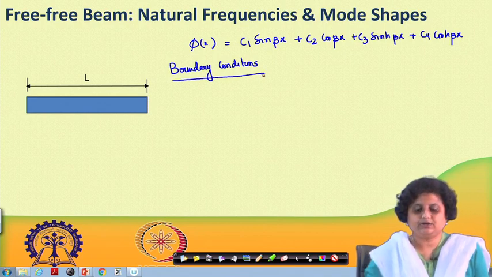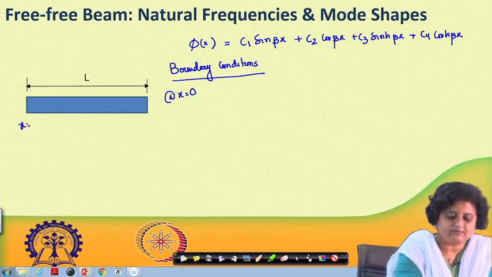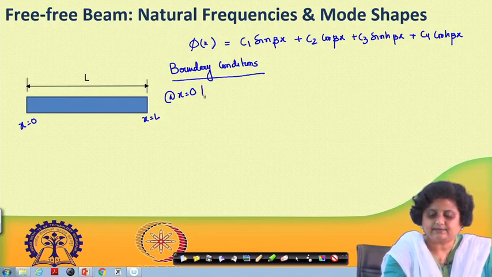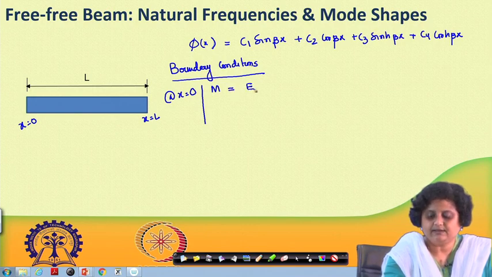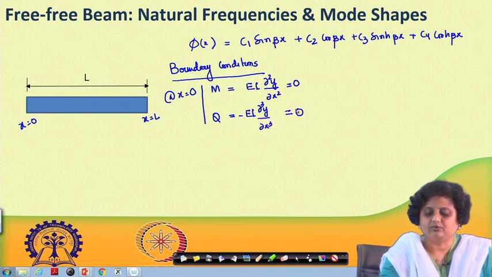So, the boundary condition is that at x equal to 0, so let this be x equal to 0 and let this be x equal to L, then at x equal to 0, the moment which can actually be written as E I into del 2 y by del x square is going to be 0, and the shear force Q, which is E I del 3 y by del x cube, with a minus sign, is equal to 0.